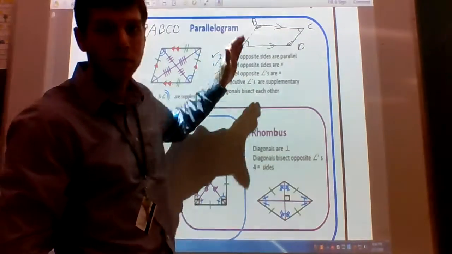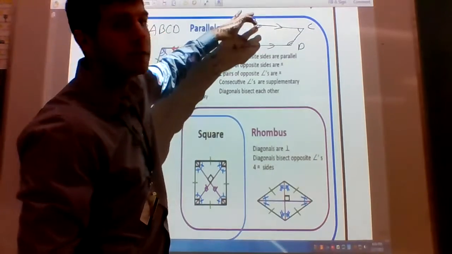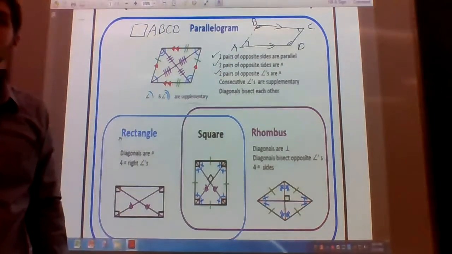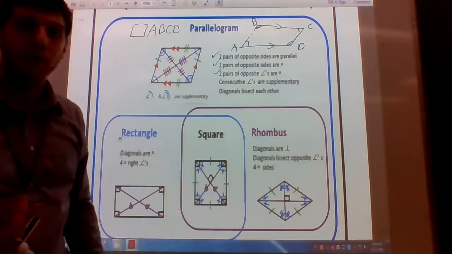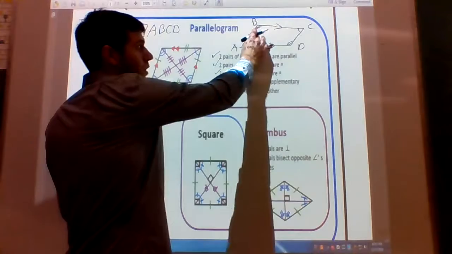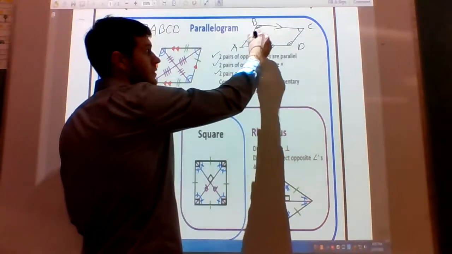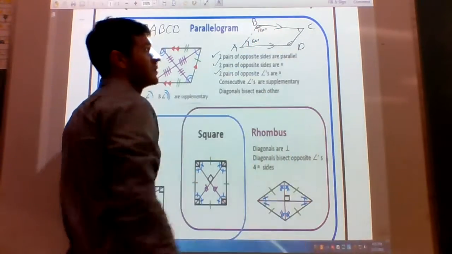So they are on the same side of that transversal, and they are both on the interior of the two parallel lines. So they are same side interior angles. We know by the same side interior angle theorem that same side interior angles are supplementary. So these two angles would add up to 180. If this was 60 degrees, this one would have to be 120 degrees.